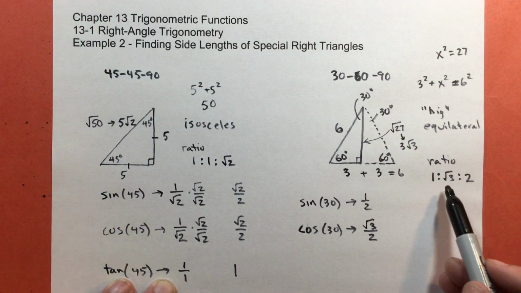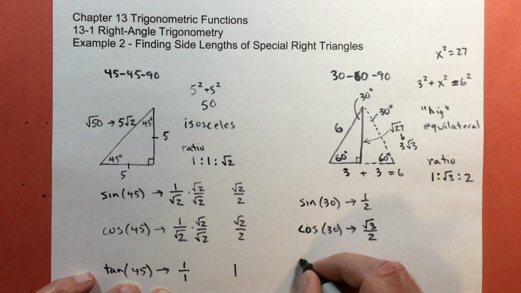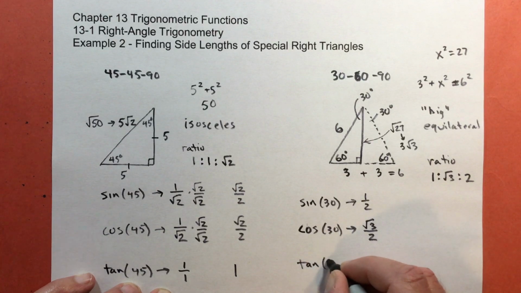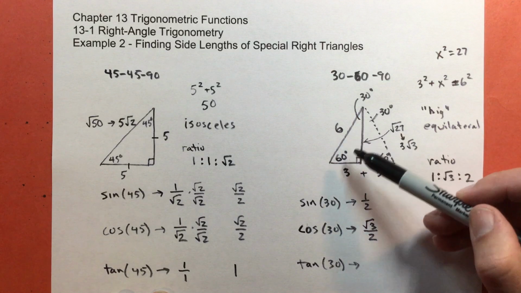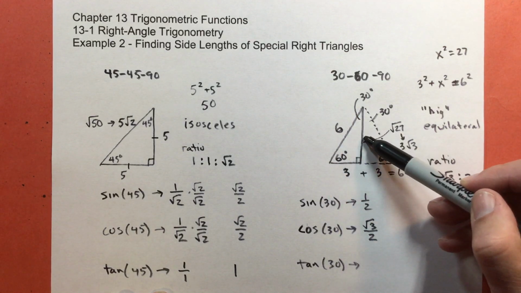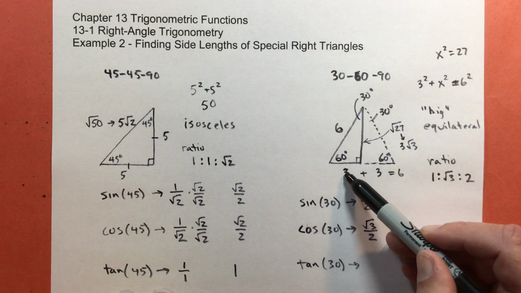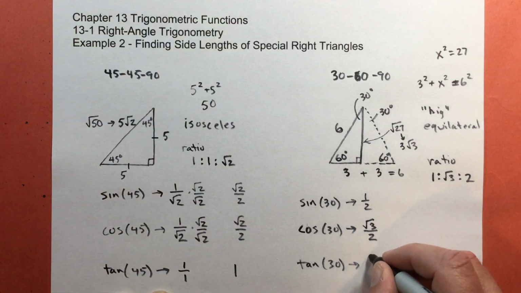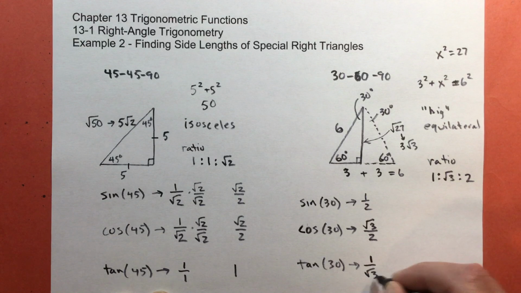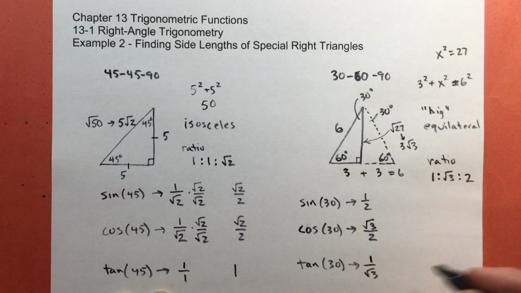It's not always long leg, okay? And the tangent of 30 degrees, here's my 30 again, opposite over adjacent, so 3 divided by 3 times the square root of 3. The 3's are going to reduce, and I get 1 over the square root of 3. And if I rationalize my denominator, I'm going to get square root of 3 over 3.